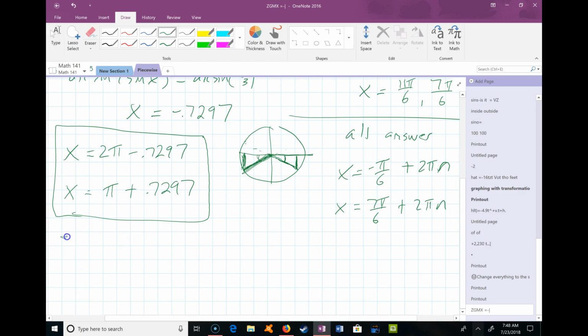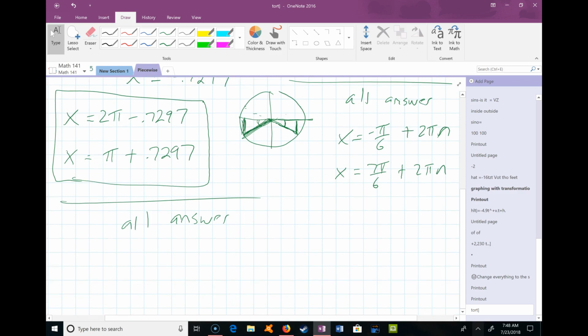If I was, once again, looking for all answers, so this is a different question now, all answers instead of just the ones between 0 and 2 pi, then I would do something similar to this, except I would just say, okay, in this case, negative 0.7297 would work perfectly fine, because I don't have to be between 0 and 2 pi. And I would say plus 2 pi n, where n is all integers.